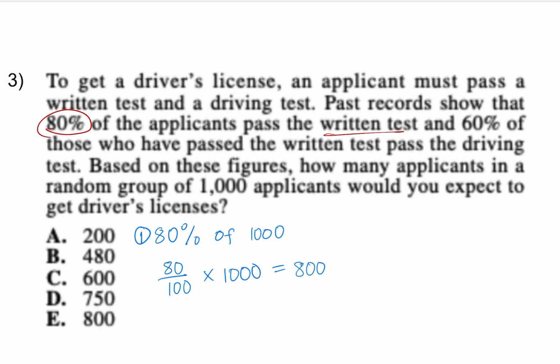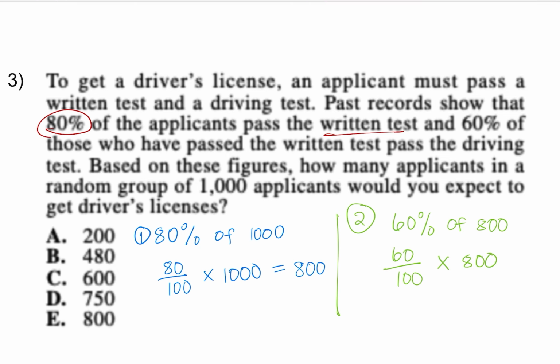Then step 2. It mentions that among the 80% who passed the written test, 60% of those will pass the driving test. So that is 60% of 800. Let's write 60% as a fraction. So 60 over 100 times 800.